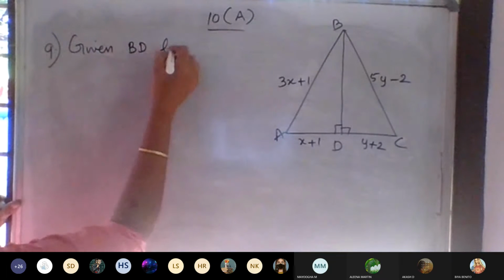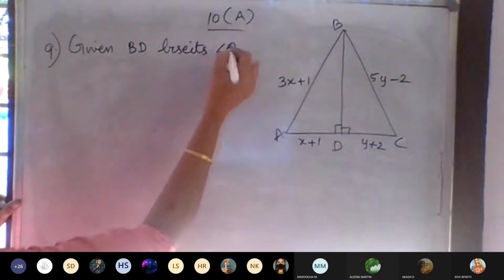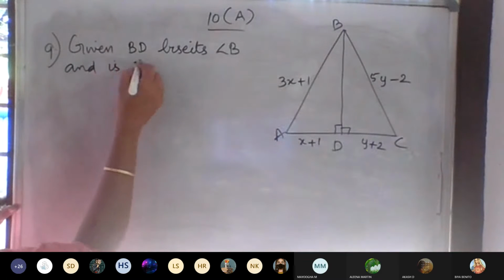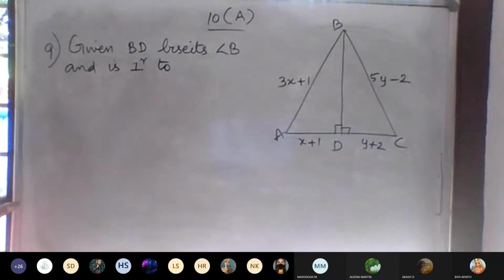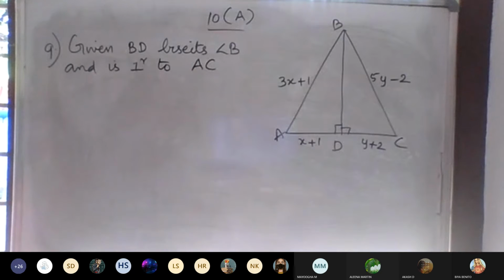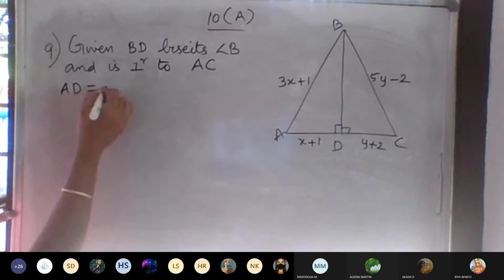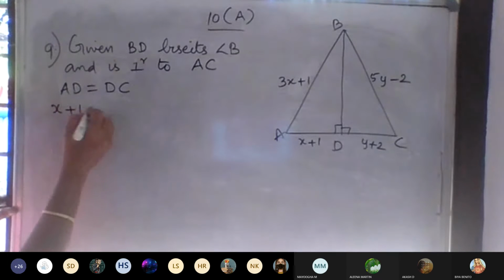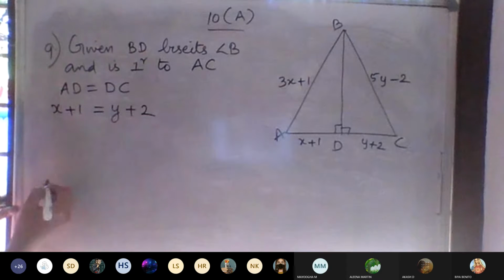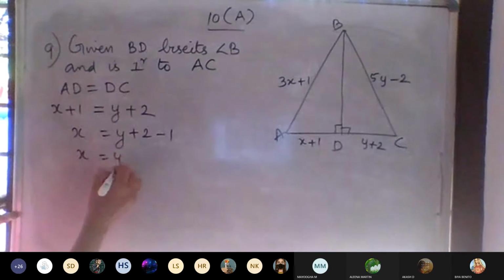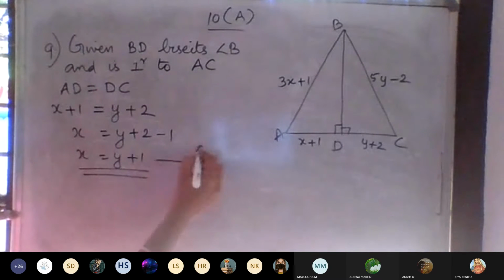So what can we write? BD bisects means directly we can write AD is equal to DC. That means the AD value x plus 1 is equal to y plus 2. So x is equal to y plus 2 minus 1, that is x is equal to y plus 1. Let it be equation number 1.